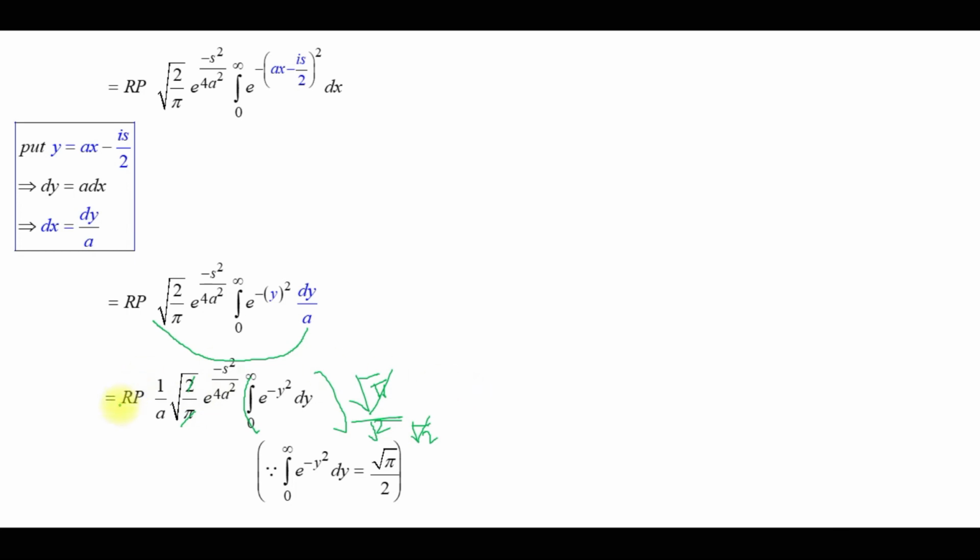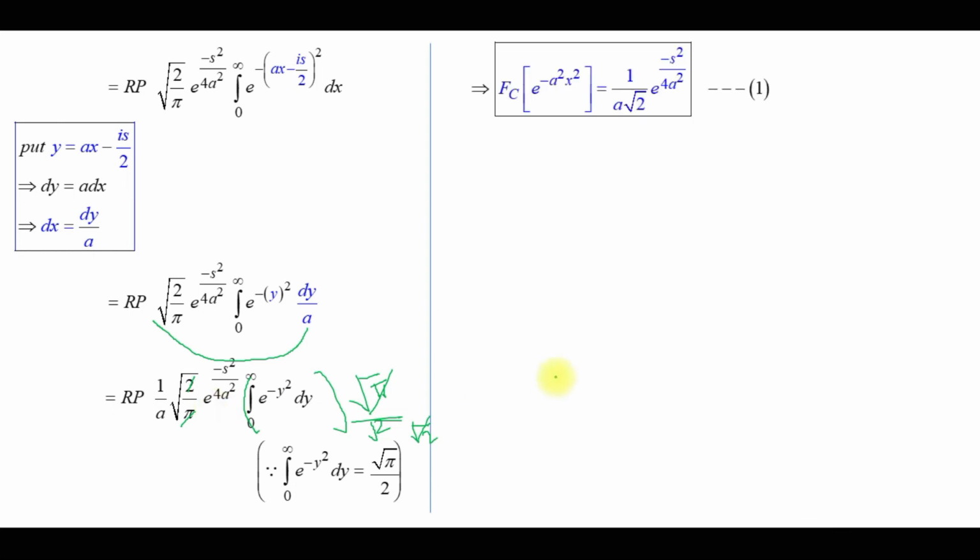Therefore, real part of 1 by a root 2 e power minus s square by 4a square. Since there is no imaginary part, that is, there is no i term, the real part of this term is itself. That is, Fourier cosine of e power minus a square x square equals 1 by a root 2 e power minus s square by 4a square.